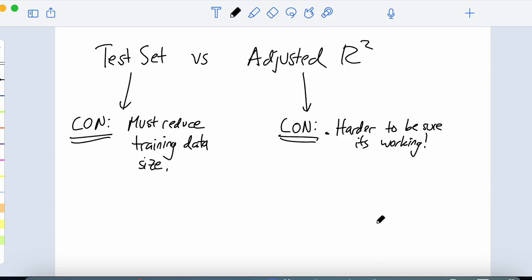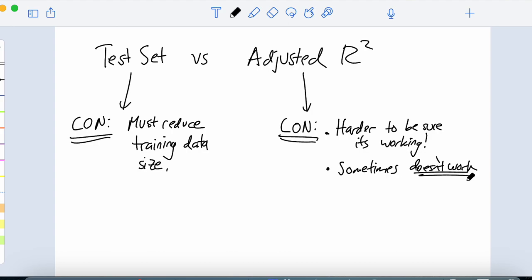I mean, test set was negative. Thinking with common sense, crime rates should not be taken out when you are considering house prices. But I don't know why it was showing that. Maybe data was not... Not only is it hard to be sure it's working, it sometimes doesn't work. Sometimes doesn't work. And why does it sometimes not work? Well, when the people who invented adjusted R squared invented it, they said under these specific circumstances it works.